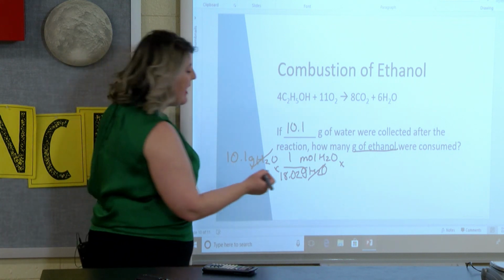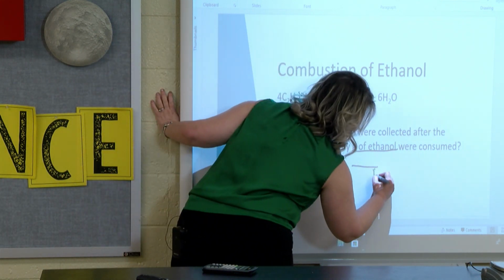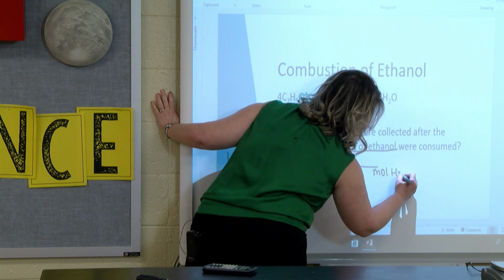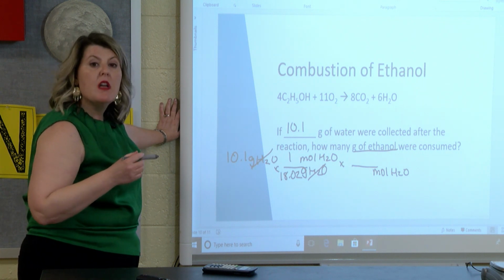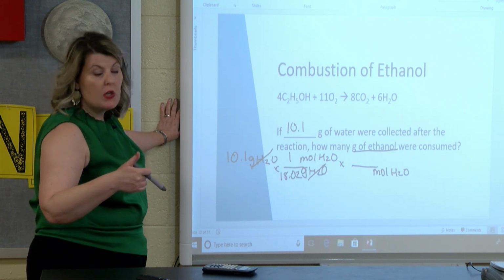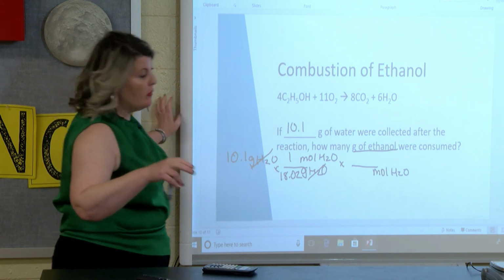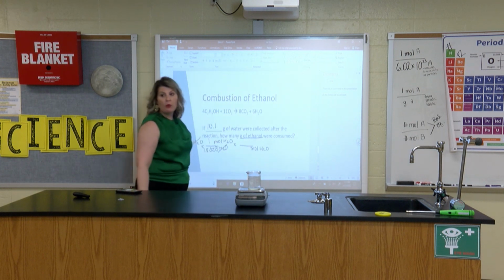So I'm going to draw another X and another line. On the bottom, I'm going to put the unit I want to get rid of, which is moles of water. I want to get to grams of ethanol. Can you put grams of ethanol with moles of water? No, those are 2 different chemicals. Remember, the only way you can change chemicals is a mole-mole ratio.